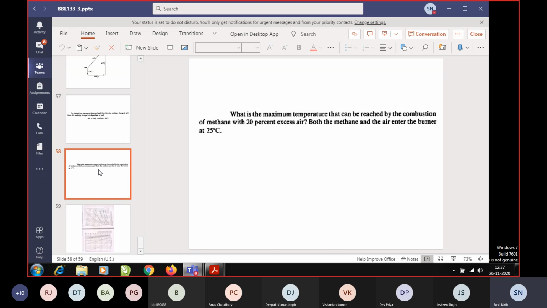These are the n's you have to use with the CP means. But now your problem is you don't know the CP, and you don't know the final temperature. So for the delta H, what is the enthalpy change of the reactants here? Delta H R, what we call in our diagram. It is 0, because it's entering at 25 degrees Celsius and our reference state is 25 degrees Celsius.